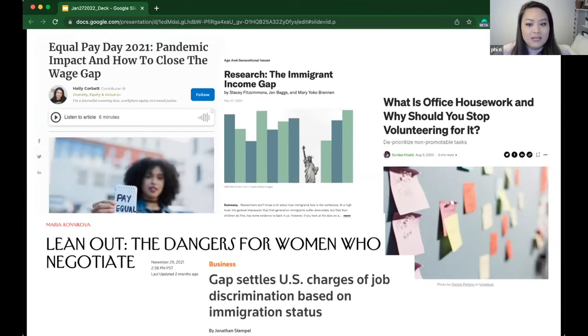So there are different types of organizational justice, but the ones most relevant to today's discussion on pay equity and pay transparency are threefold: distributive justice, procedural justice, and informational justice. It's a lot, but I'm going to break it down for you at a very high level. Distributive justice is the fair allocation of resources according to need.